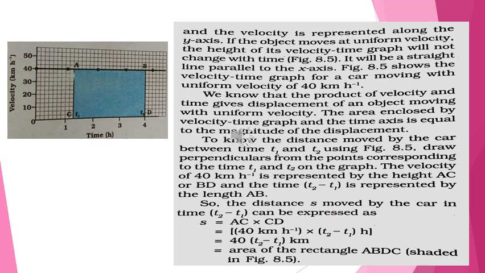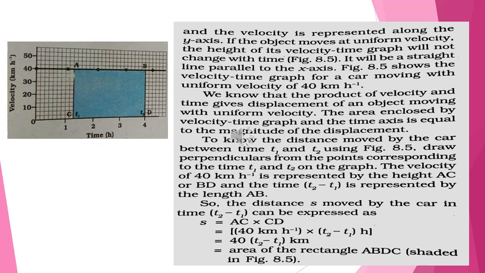The perpendicular at t1 intersects the graph at A and the perpendicular at t2 intersects at B. The velocity of 40 km per hour is represented by the heights AC and BD, which are the same because the velocity is the same. The time from t1 to t2 is t2 minus t1, represented by the length AB.